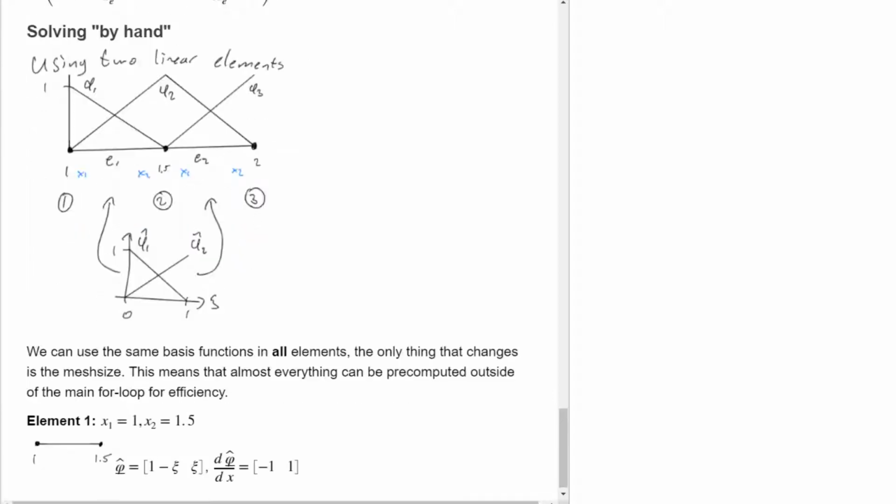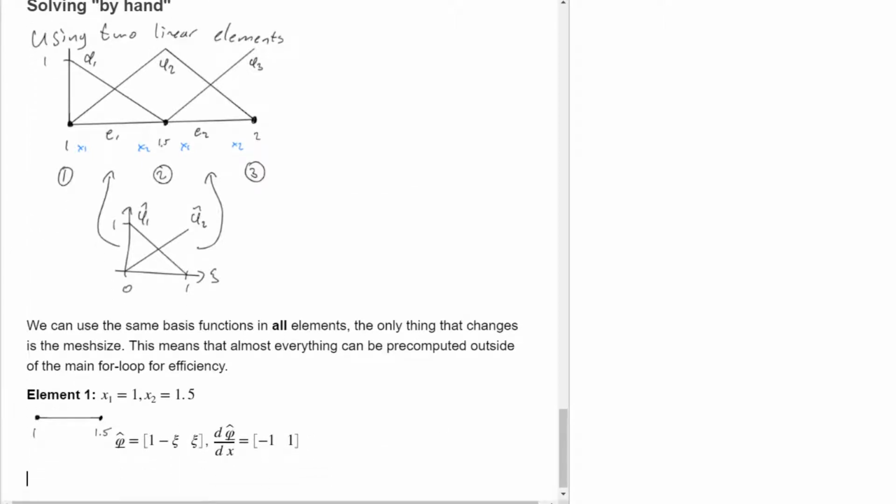For element 1, we have that x1 is equal to 1 here, and x2 is equal to 1.5. So we're in element 1, this is our element 1 to 1.5. Our basis function is always the same. So we have our basis function, it's 1 minus ξ and ξ, and its derivative is of course minus 1 and 1. You can just take the derivative here, and you'll see that this is independent of the elements.